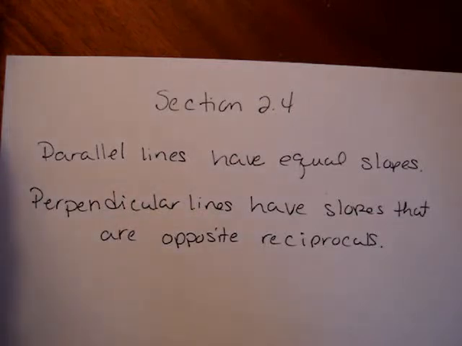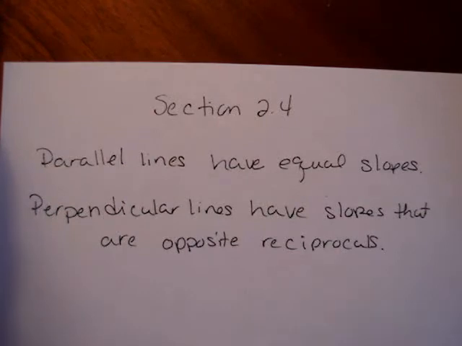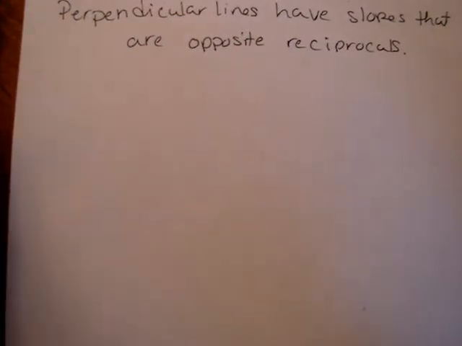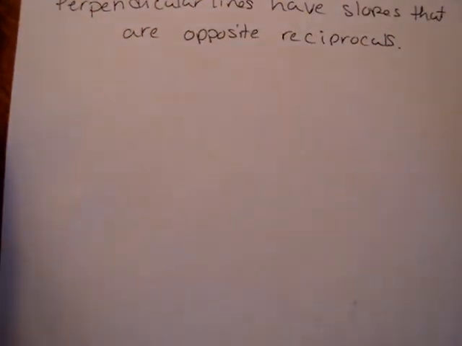So, let's do the handout for section 2.4. And what I'm going to do is do it on this piece of paper and see how that works for us. This time I'm trying something new, and let me know what you think. I'm reading number 1, so have your section 2.4 handout with you. It says, find an equation for the line with the given properties.